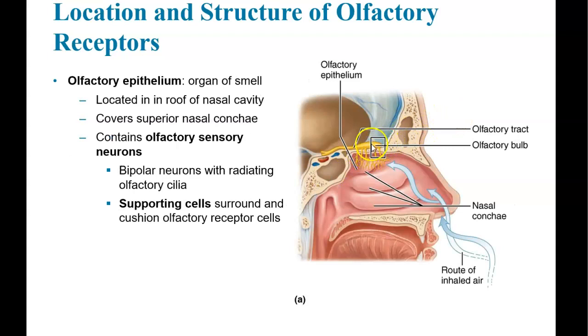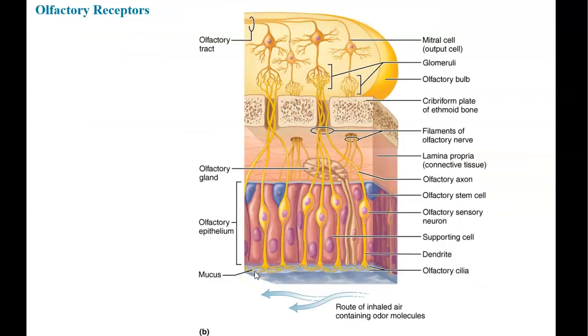Okay, so here you can see the olfactory tract. If you remember from anatomy, if you did the sheep brain dissection for cranial nerve number one, really what you were seeing was the tract. You weren't seeing the actual nerve, you were seeing the tract of the nerves. The actual olfactory nerves are the ones that are running from the olfactory bulb.